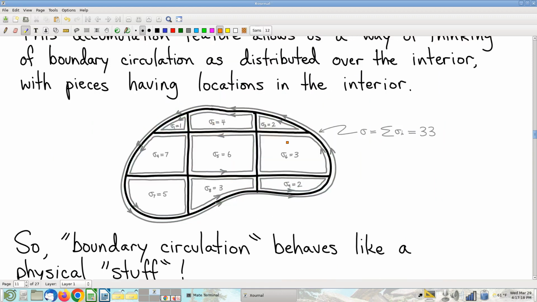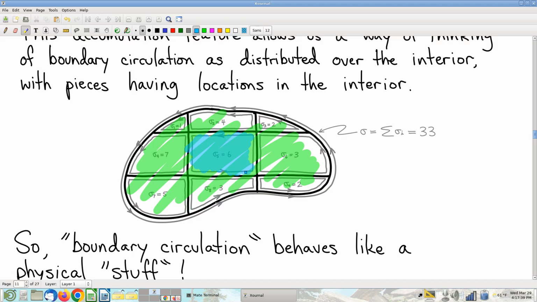It looks like this. How much of the boundary circulation on this green region comes from the boundary circulation on this blue region? Sure, that's a perfectly reasonable question.